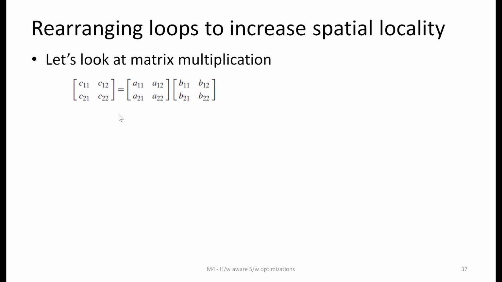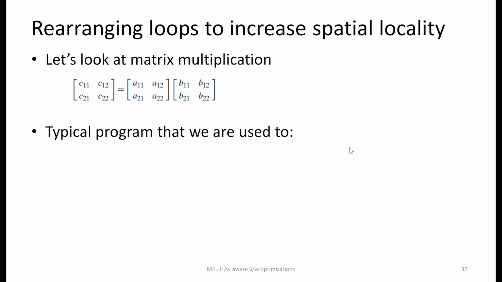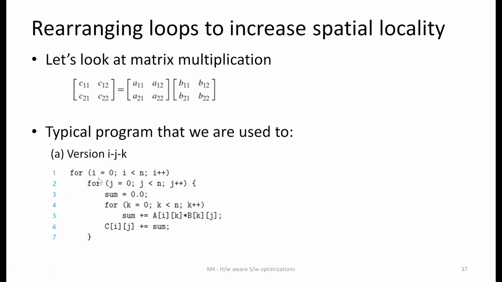So let's say we have a 2 cross 2 matrix A, or matrices A and B, and we need to calculate C. The typical program that we would write, we have labeled it as version ijk because of the way the loops are arranged. We have the i loop first, followed by j, and followed by k.